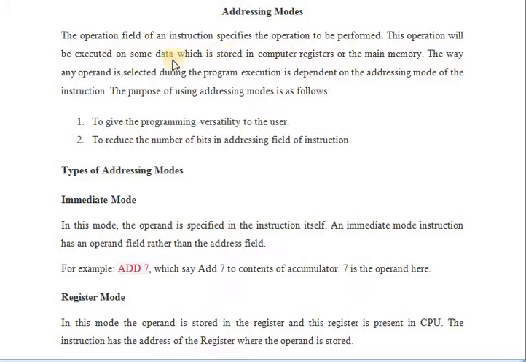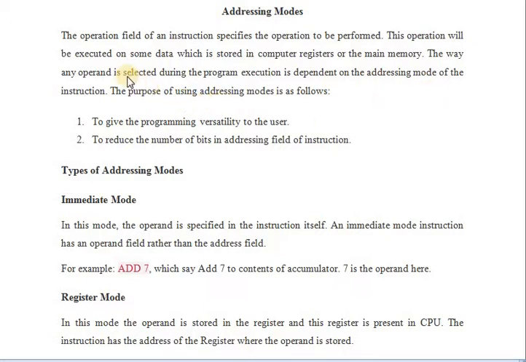This operation will be executed on some data which is stored in computer registers or main memory. The way any operand is selected during the operation execution is dependent upon the addressing mode of the instruction.